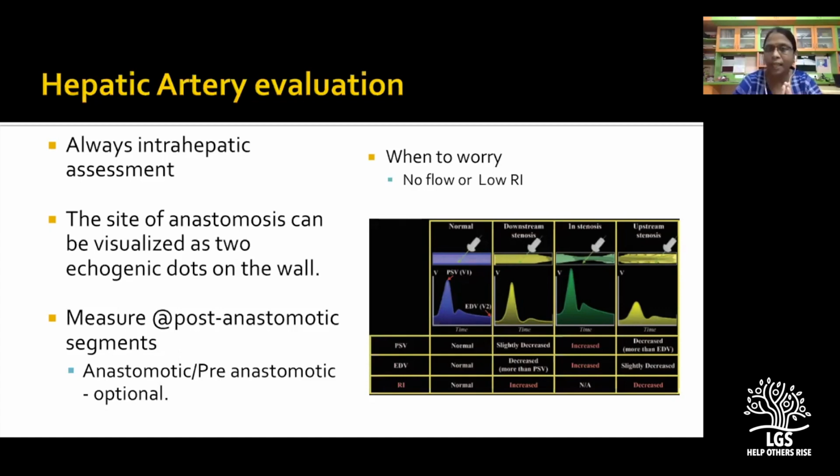What is worrying in hepatic artery waveform is whenever we are not able to record the waveform, which indicates that there is no flow in the hepatic artery, or when the intrasegmental hepatic artery RI is very low. Both these conditions need immediate intervention.